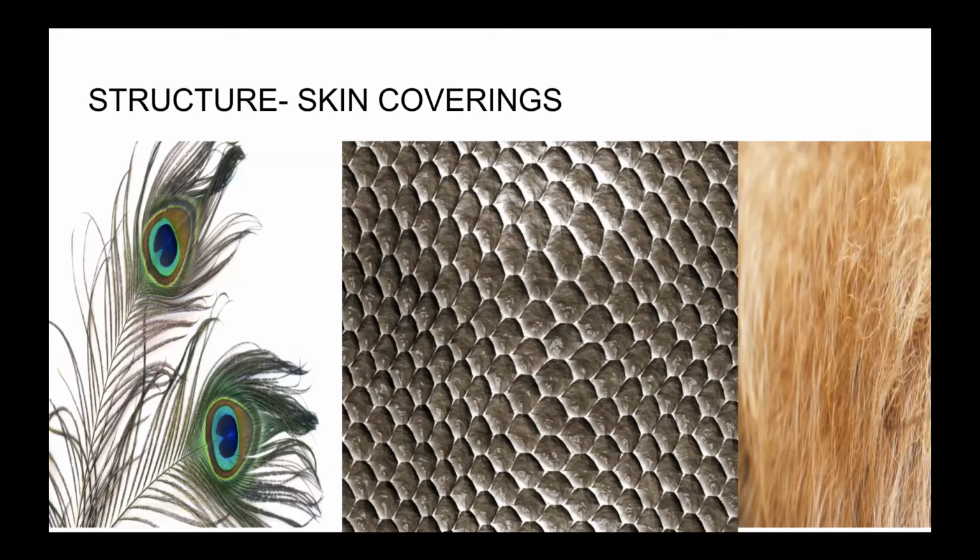It provides camouflage. And of course, some mammals have very spectacular fur, like a lion has that huge mane that makes him look larger. So the structure is hair and the function is multiple. Warmth, camouflage, intimidation, all sorts of things.